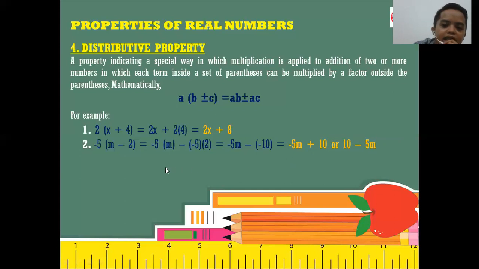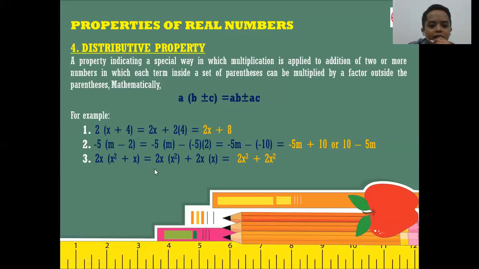Now, how about if it involves a variable, like 2x outside being distributed inside the parentheses. So 2x times x squared, then 2x times x. Applying the law of exponents, 2x times x squared: copy the 2, then x times x squared is x cubed.